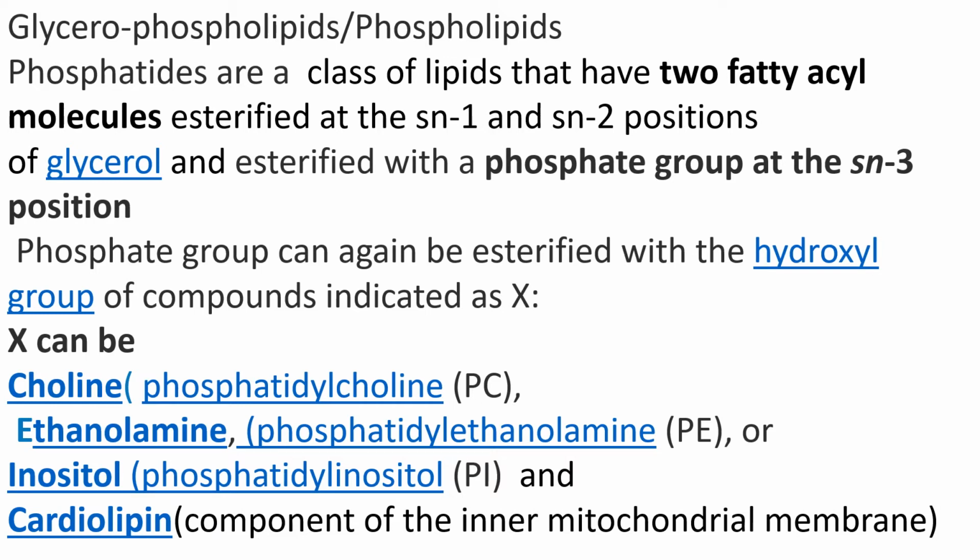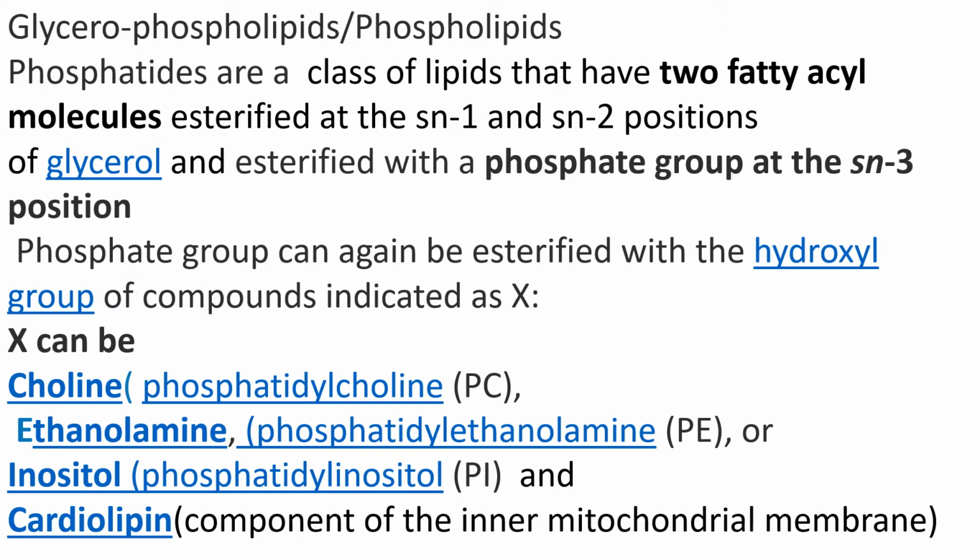So choline, ethanolamine and inositol have a hydroxyl group in their structure. That hydroxyl group of these compounds can again be attached to the phosphate group by means of an ester linkage, and on the basis of these, phospholipids are labeled as phosphatidylcholine, phosphatidylethanolamine or phosphatidylinositol.